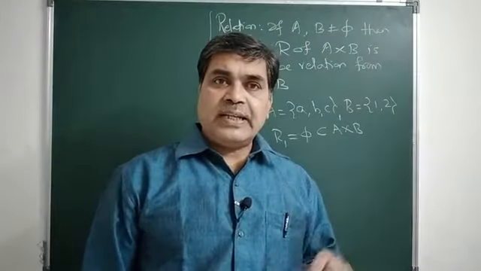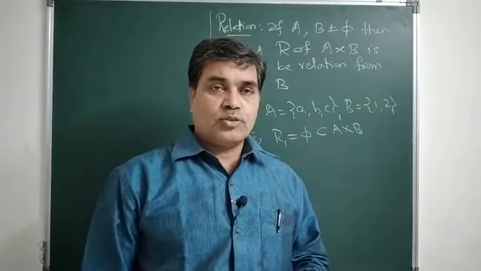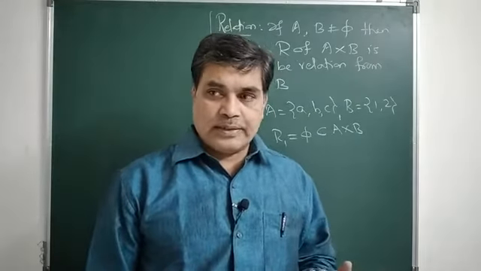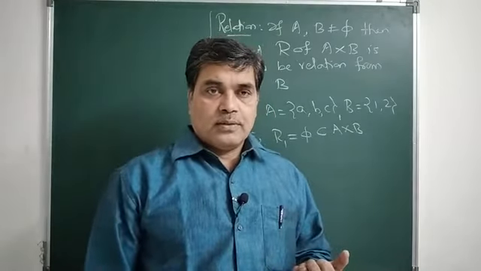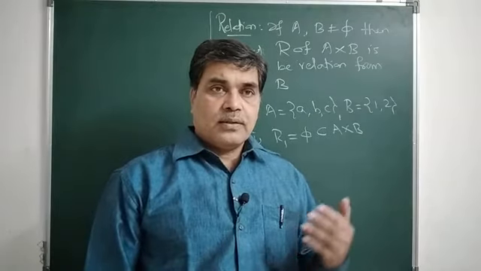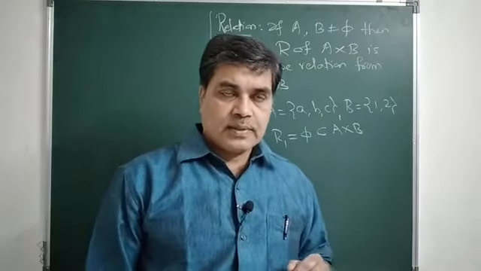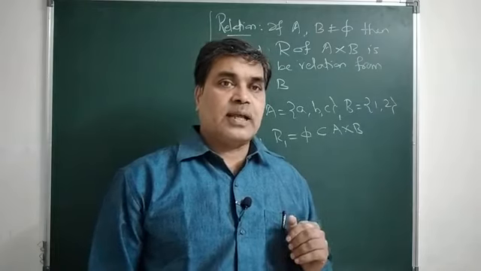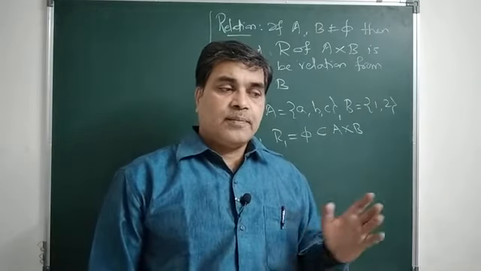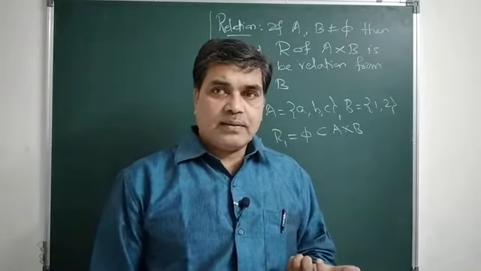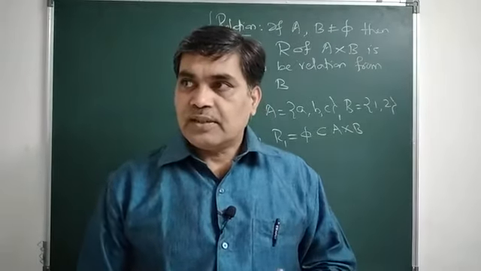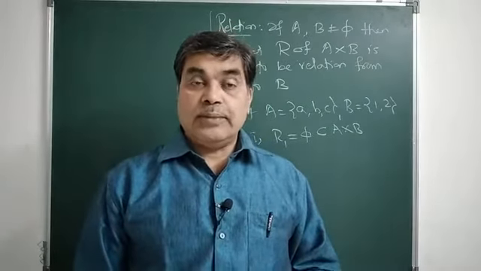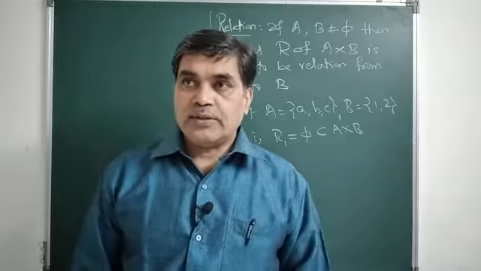As you are of age 18 years, no one is married to anyone else. So no one is husband of any girl from this class, and that's why that relation doesn't contain any pair. So it becomes the empty set. So the empty relation is also defined on the set.